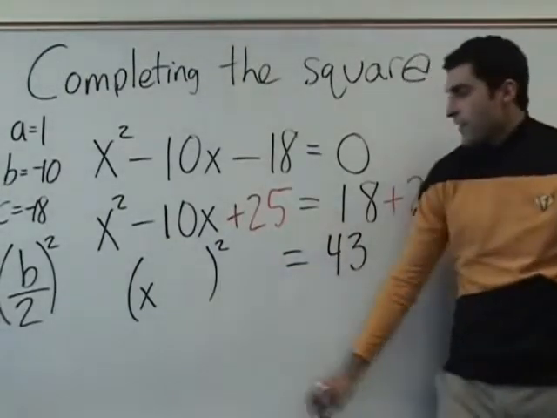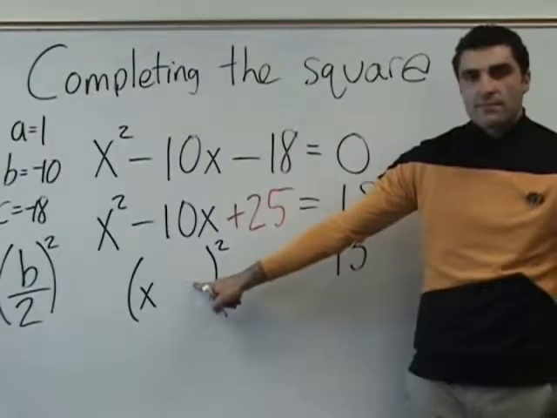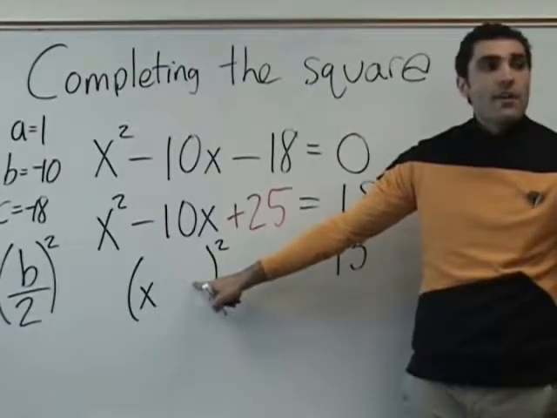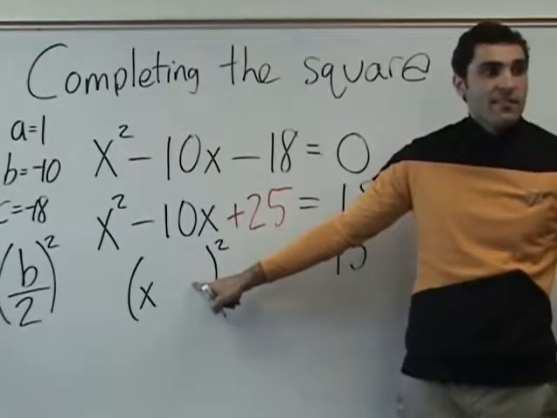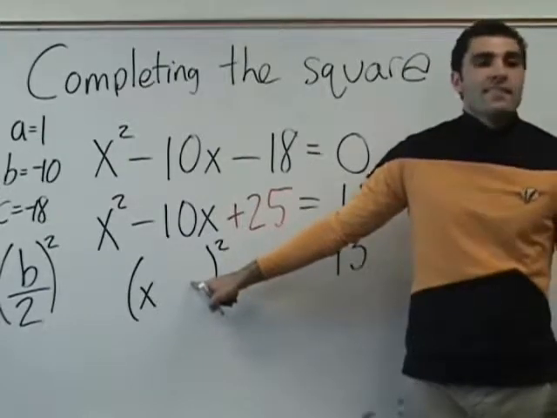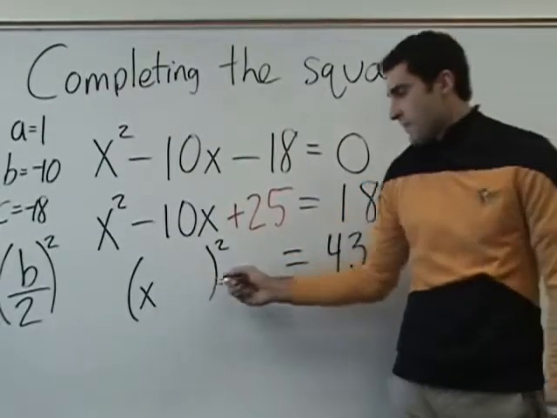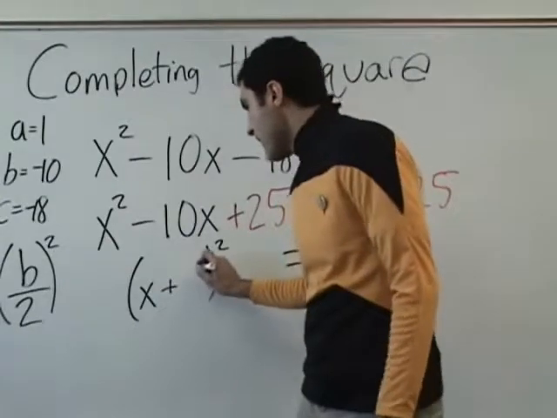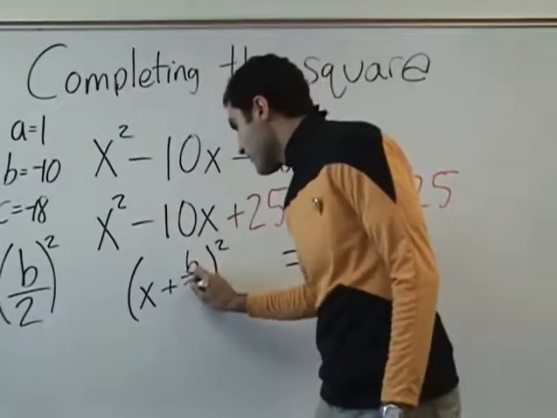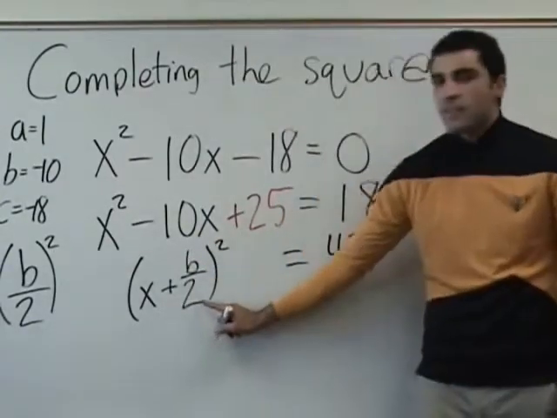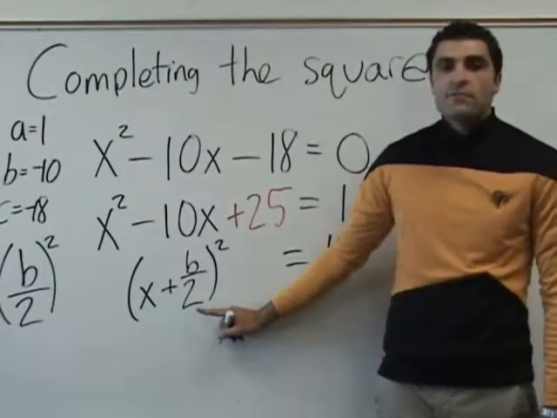Okay, 43. Now, this number here, what do you guess? Is it going to be the half of B? Yes, it's B over 2. So right there it's negative 5. This number here will always be B over 2. So what is B over 2? Negative 5.